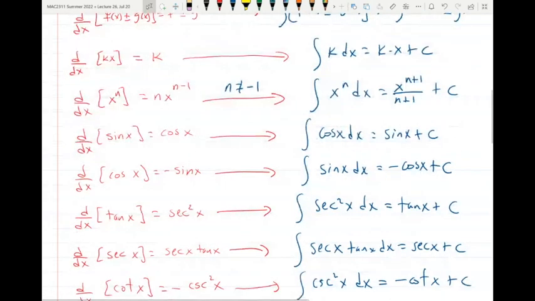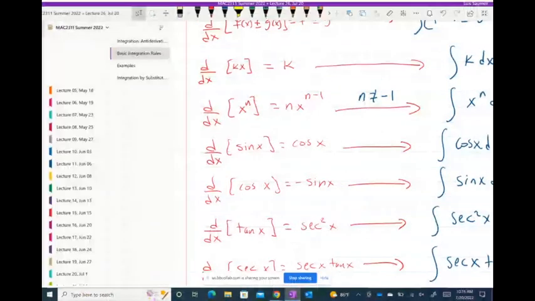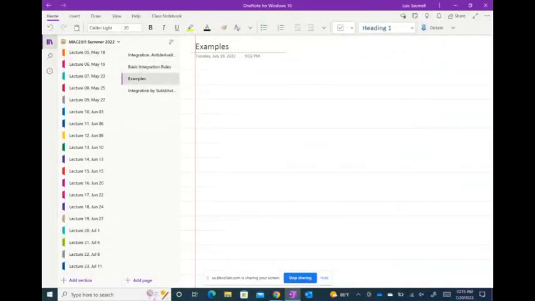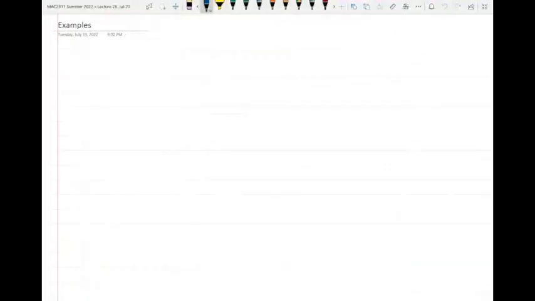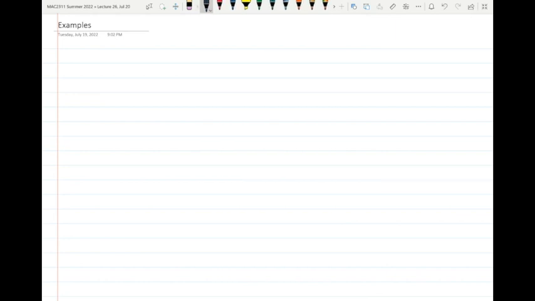So now, of course, let's do examples. Let's put this into practice. So, examples, and here we just need to do a bunch, okay, to see. So, evaluate. And then, let's see. Integral of 3x dx.